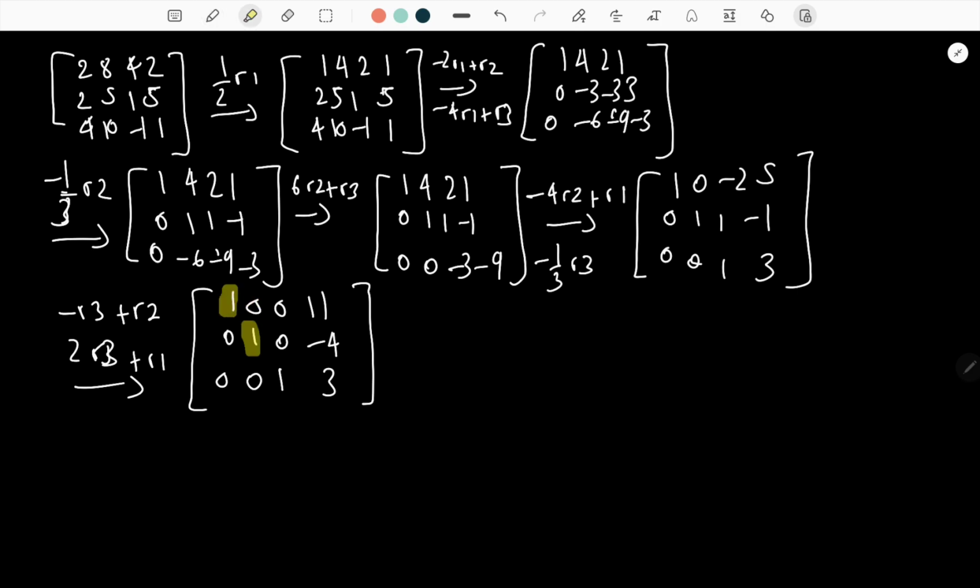This is the first pivot, this is the second pivot, this is the third pivot, and it is not violating any of the conditions, which are that there's no number above it and below it. So basically in the column there is only one number, which is 1, and there cannot be anything else. So every pivot is 1, and it is the only non-zero entry in the entire column.